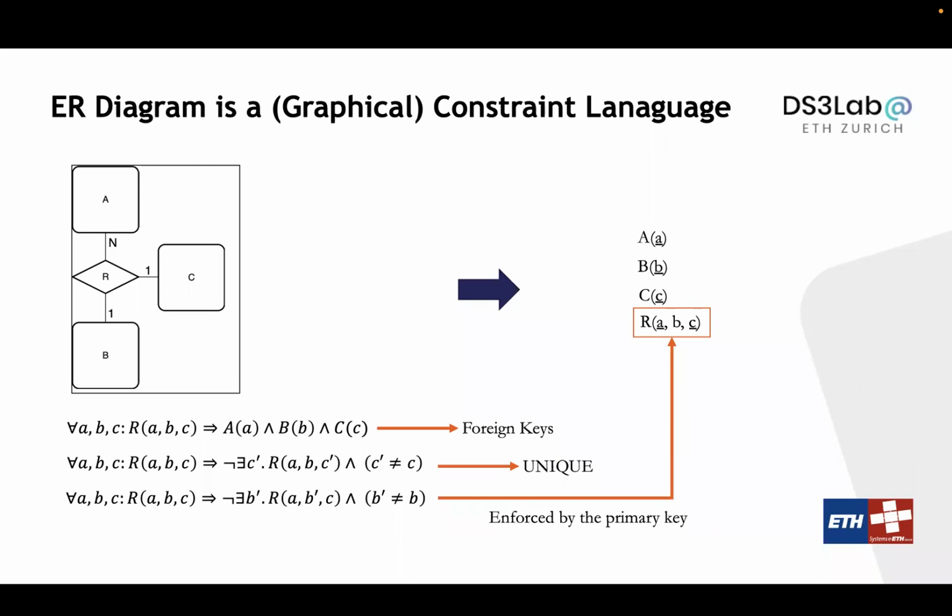If you look at relation R and your primary key is AC, two different attributes, essentially we are saying there's a functional dependency from AC to ABC. Essentially AC decides B. So some of these functional dependencies or cardinality constraints expressed in your conceptual model can be enforced by the primary key in your logical design.